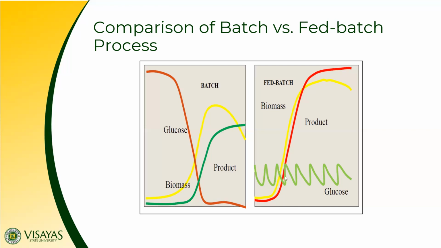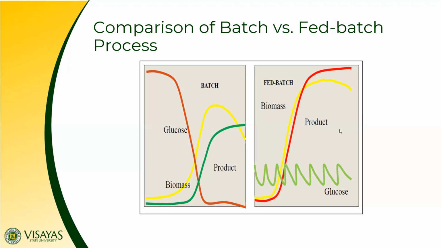And then the biomass is constantly increasing. That's the yellow line. There is a constant increase of the cell concentration. And it is proportional to the biomass, so the product is also increasing. So that's the advantage of the fed batch process.